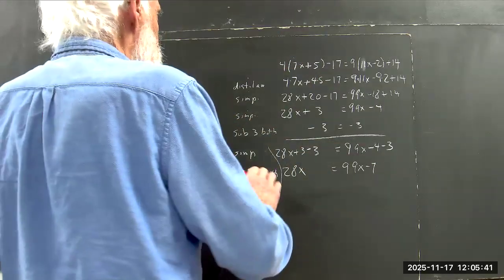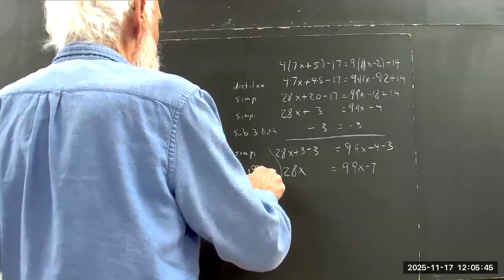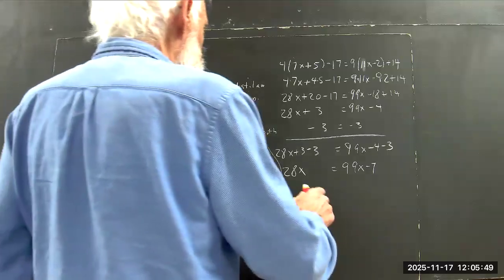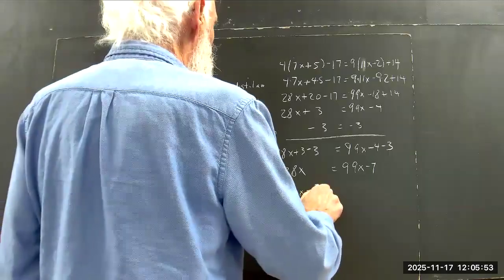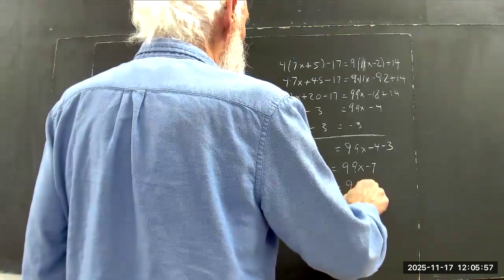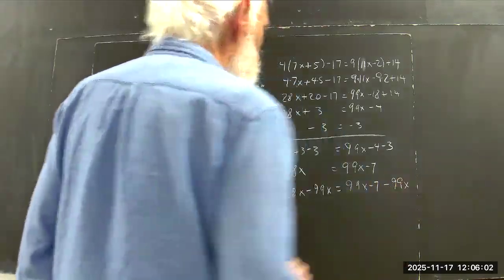Okay, so we subtract 99x on both sides. So we get 28x minus 99x equals 99x minus 7 minus 99x.